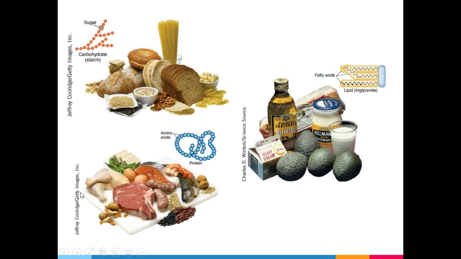But what about this? Meat, poultry, fish, nuts, dried beans, crustaceans, seafoods. All of these are very rich in proteins. Your proteins are composed of amino acids as their building blocks. So we can say that this food group has more proteins than carbohydrates and fats.